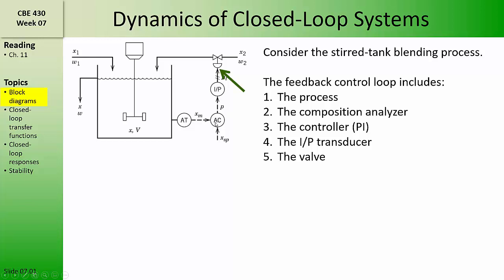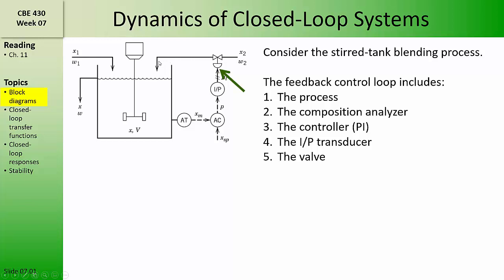The error signal will be used inside the controller according to the PI control algorithm to compute a controller output signal P that goes to the current to pressure transducer. The current to pressure transducer will convert that signal to a pneumatic signal to actuate the valve. Now the valve takes that incoming pneumatic signal and mechanically converts it to a flow rate, W2.